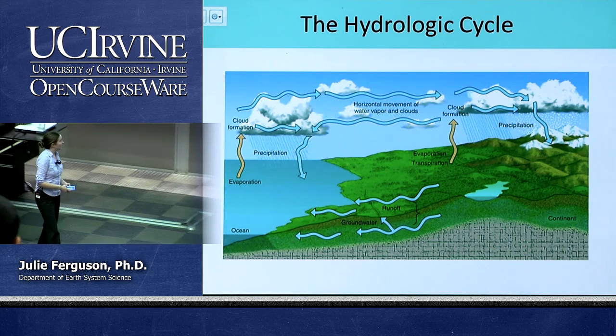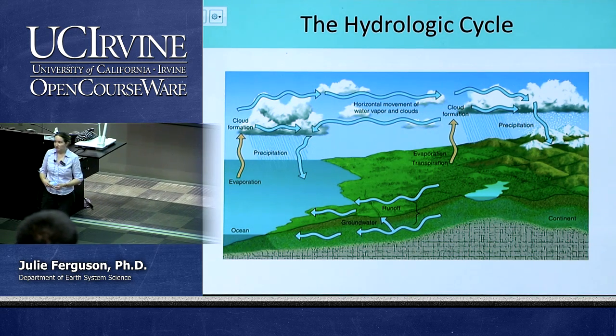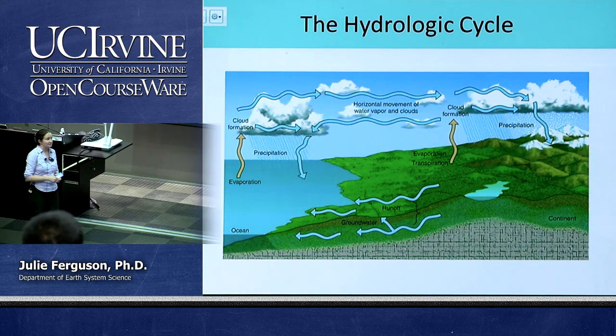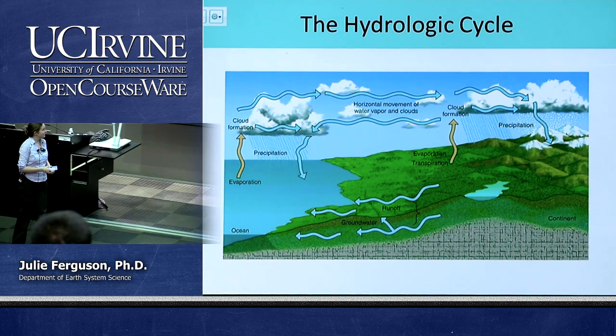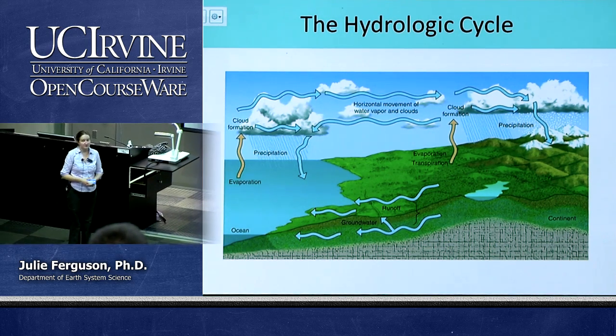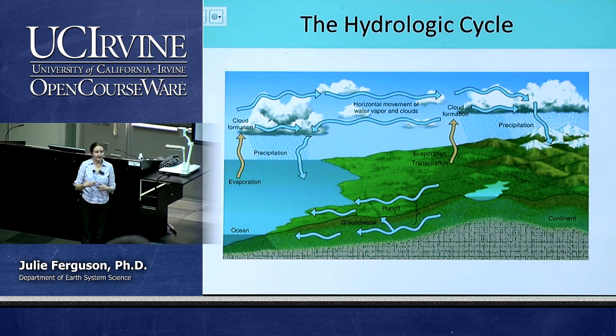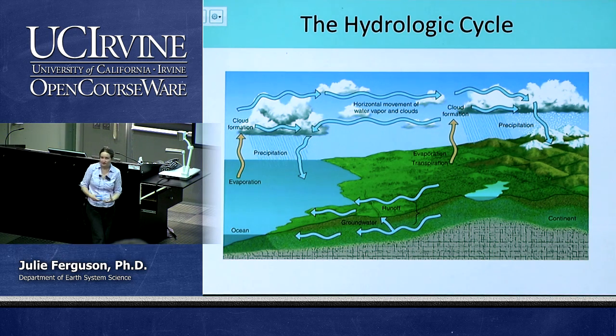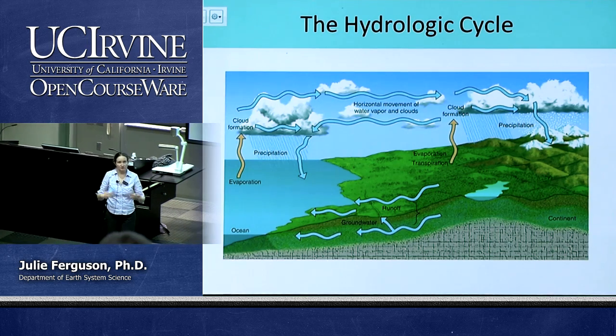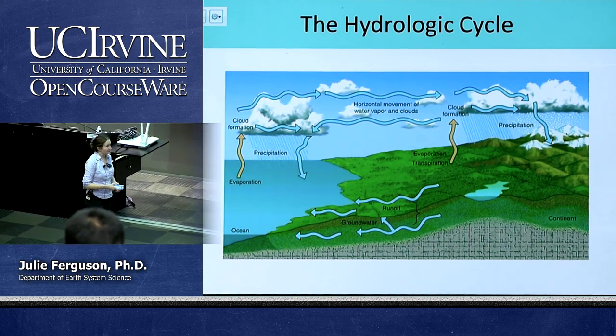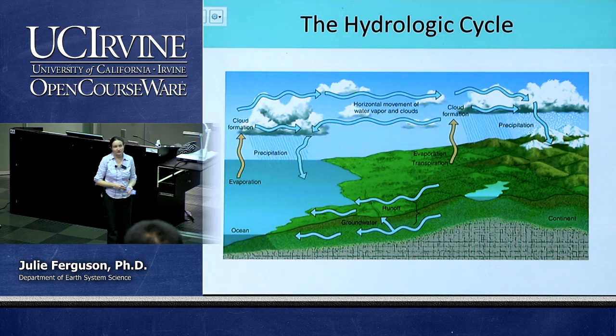We also get some evapotranspiration, which is sort of through plant leaves and things like that from the land. And then once it's in the atmosphere, if it cools, we can get condensation forming clouds, and those clouds can move, that water vapor can move, and then we get precipitation over the ocean again, or over land.